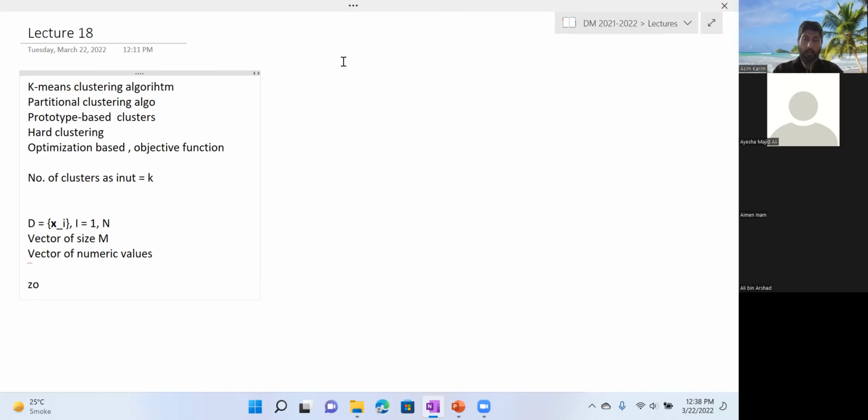For this vector, since it's all numeric, usually we're talking about the Euclidean distance function, although this can be changed, but the traditional k-means is based on the Euclidean distance. So the Euclidean distance is used as the dissimilarity function.